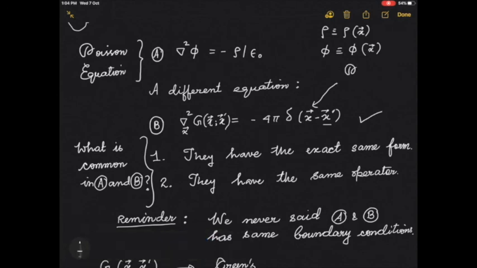And if I replace, this is a Poisson equation with a point source, and what is the strength of the point source?